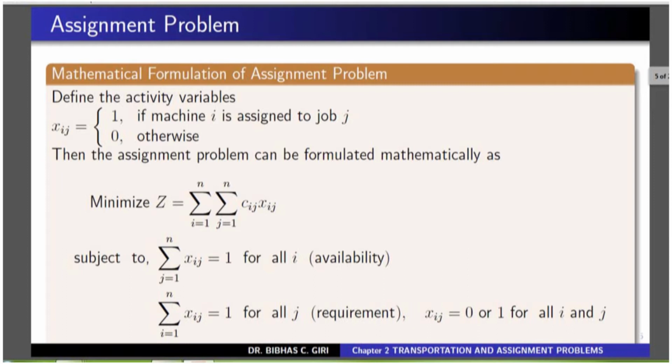This constraint is called the requirement constraint, and clearly Xij should be equal to 0 or 1 for all i and j. That means one machine should be assigned to only one job, otherwise Xij will take the value 0.